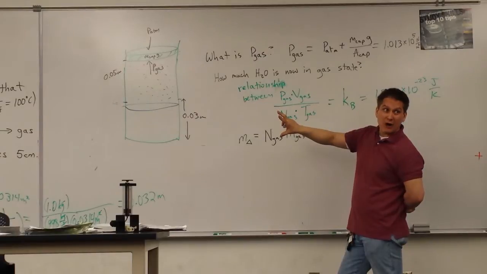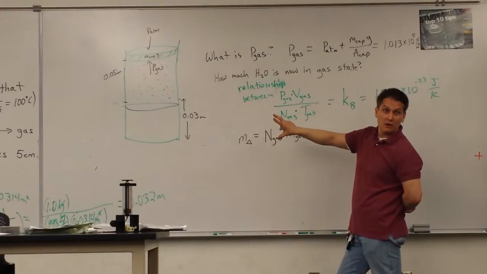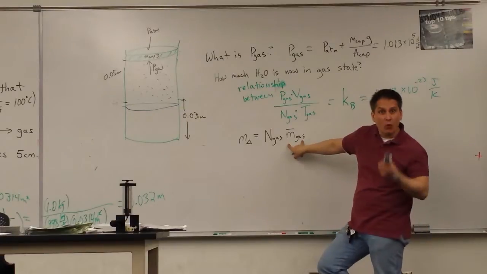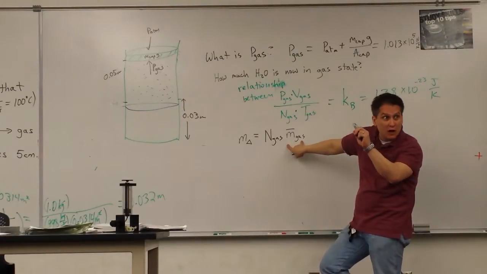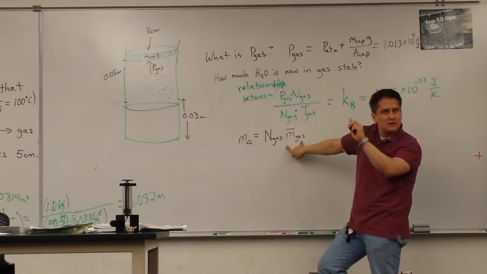Water is about half that. A little more than half that. So half of 4.7 is about 2.4. So the average mass of a single molecule of water is give or take 2.4 times 10 to the negative 26th.